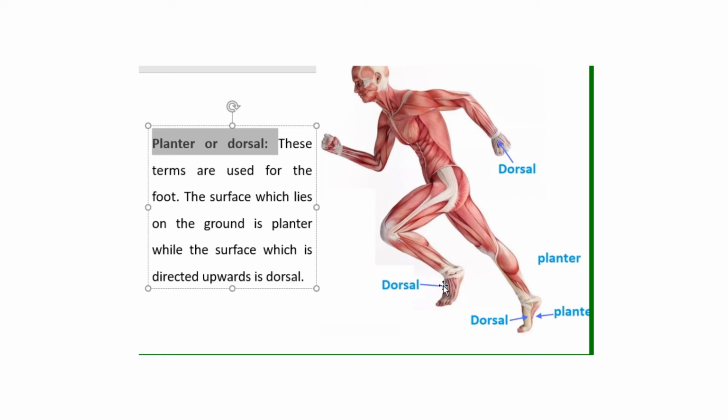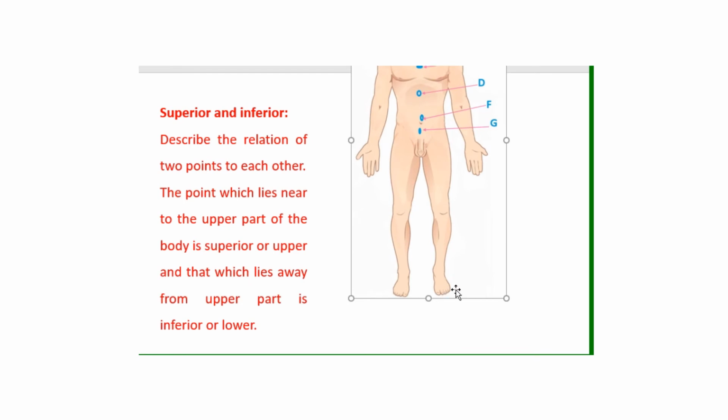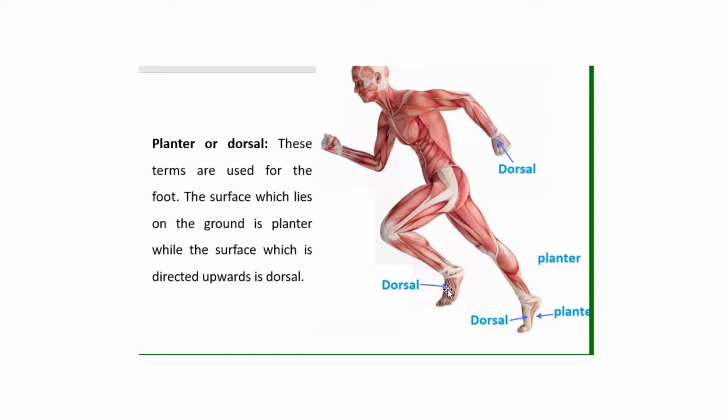When the person stands in the anatomical position like this, the surface which touches the ground from the foot is called plantar, and that which appears upwards is called dorsal. Here, this is the dorsal surface of the foot, and this is the plantar surface of the foot.